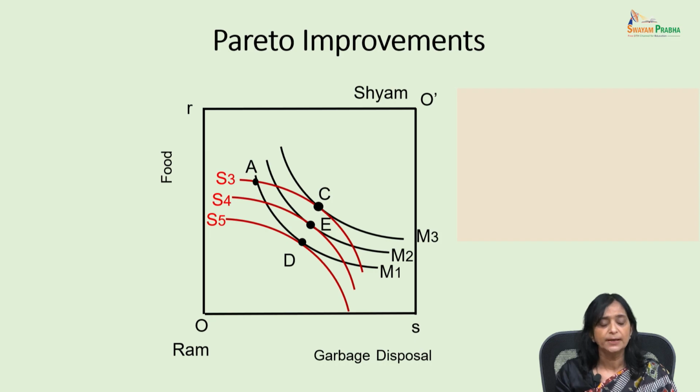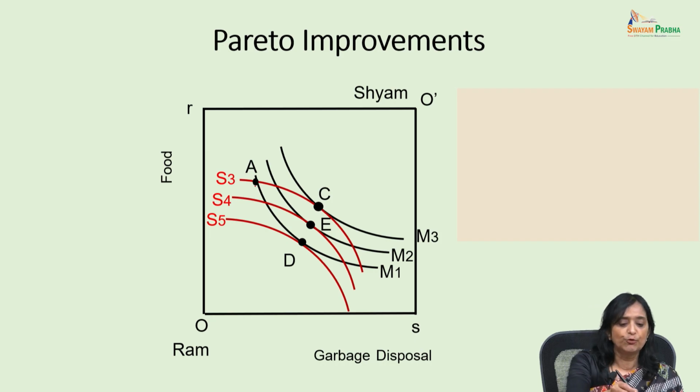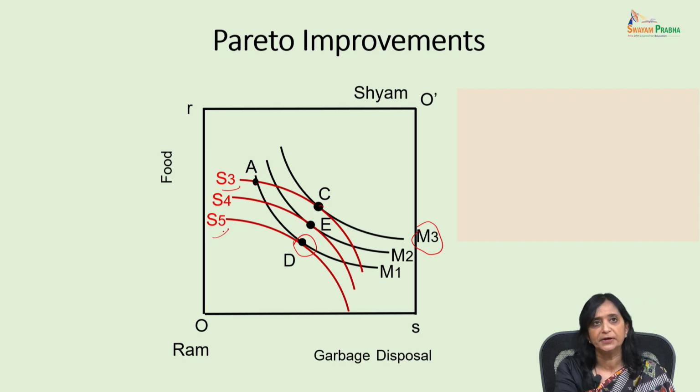As we see here, if you could go from A to C, that is also a Pareto improvement. If you are talking about this, it improved the efficiency for, let us say, Ram, but if we move from this point, let us say A to D, we are improving the efficiency of Shyam because Shyam is moving from S3, which is a lower indifference curve, to S5, which is a higher indifference curve.